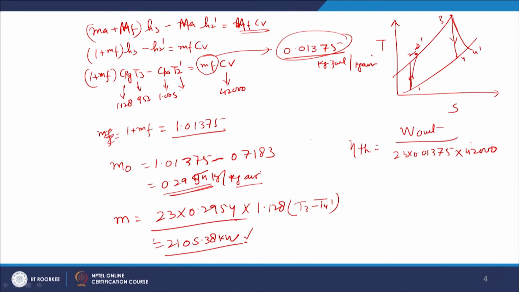For finding out the thermal efficiency, this output has to be divided by the input. Input is 23 into 0.01375, this is the mass of the fuel burned, multiplied by 42,000, the calorific value of the fuel, and this thermal efficiency multiplied by of course 100 comes out to be 15.8%.